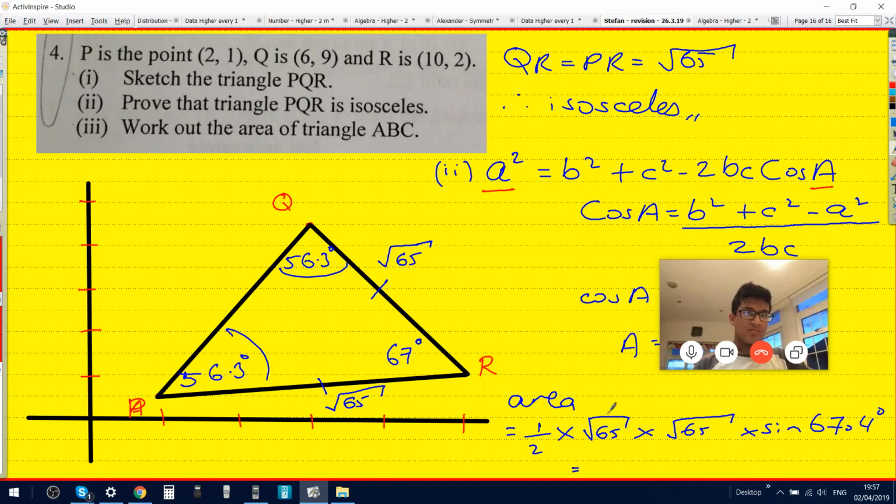A half any side times any other side times sine the angle between them. So you could have used this side and this side and the angle between these. So you didn't necessarily need to find the 67.4. But if you're going to use these two, it's because you already knew the other side, 4 root 5. So you could have done a half times 4 root 5 times root 65 times sine 56.3, because you already had enough there.